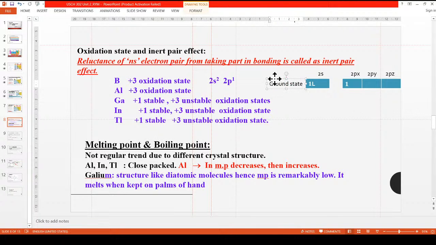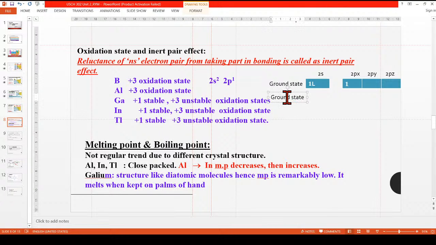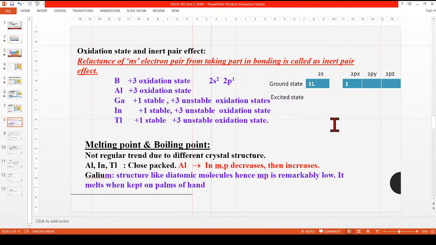Now in the excited state, what will happen when three chlorine atoms come in the vicinity?